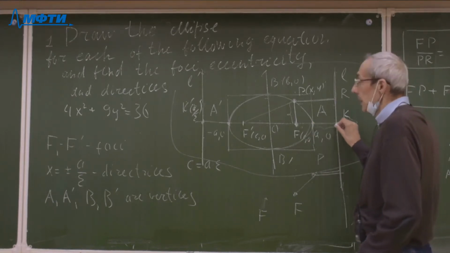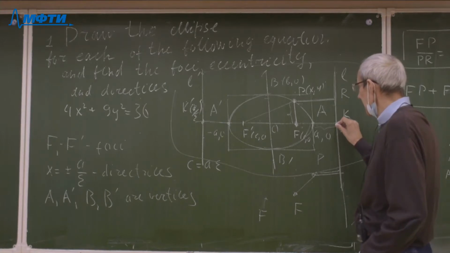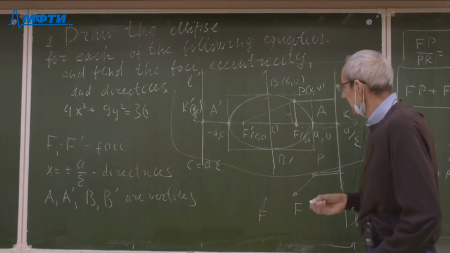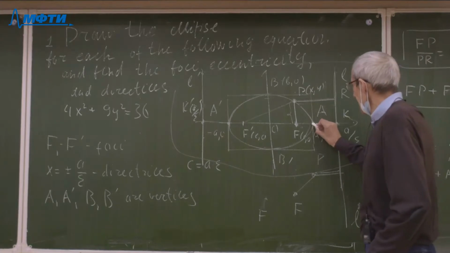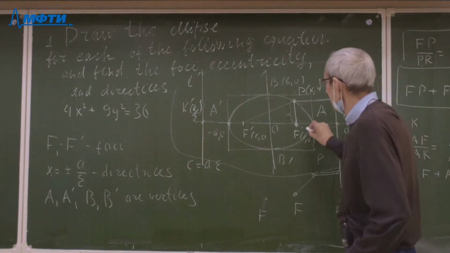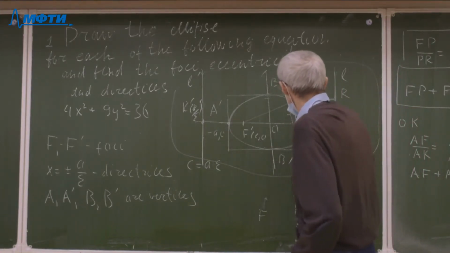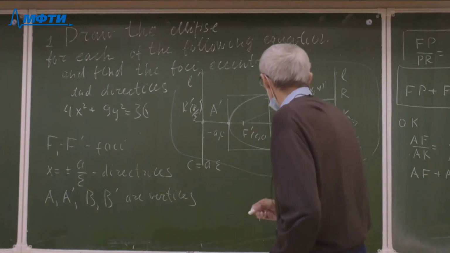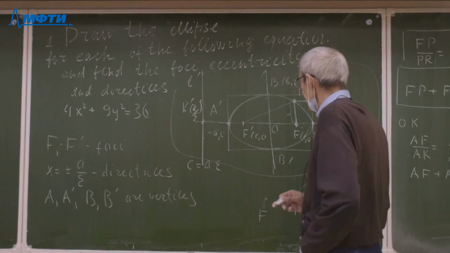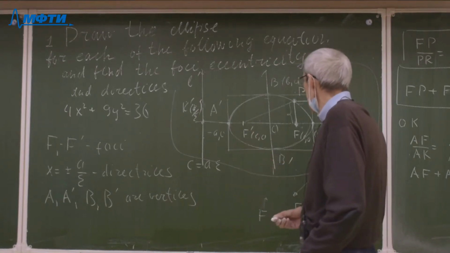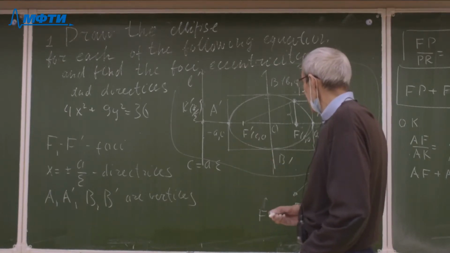to AK is E. This constant is called the eccentricity of the ellipse. And let's consider the point A prime, which also lies on this perpendicular and is defined by the same condition.